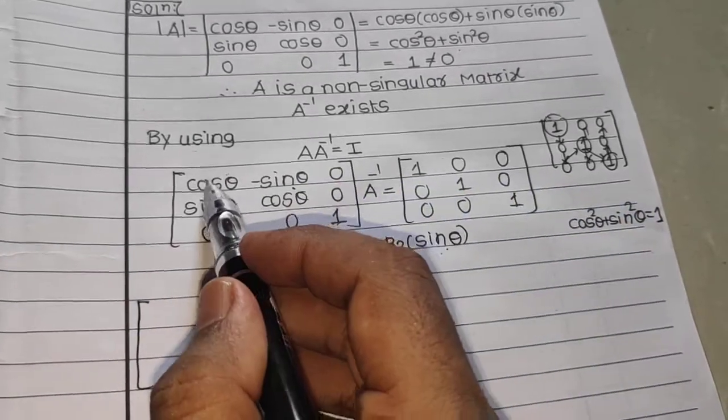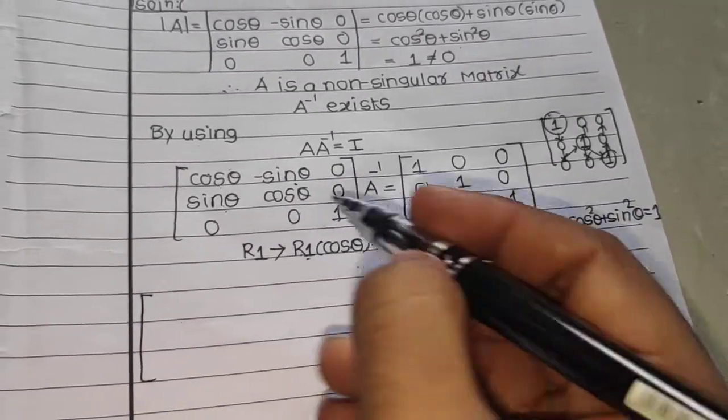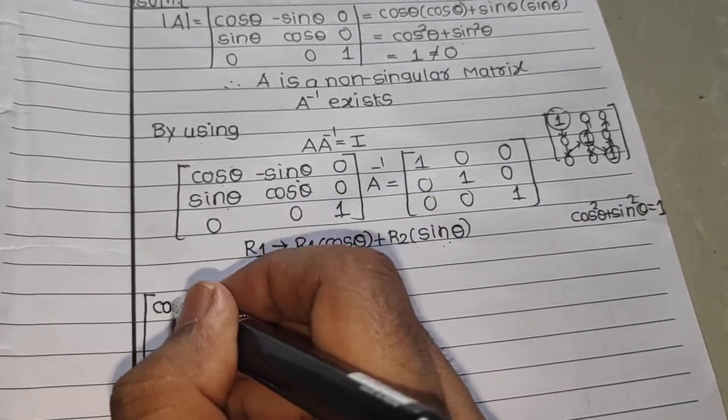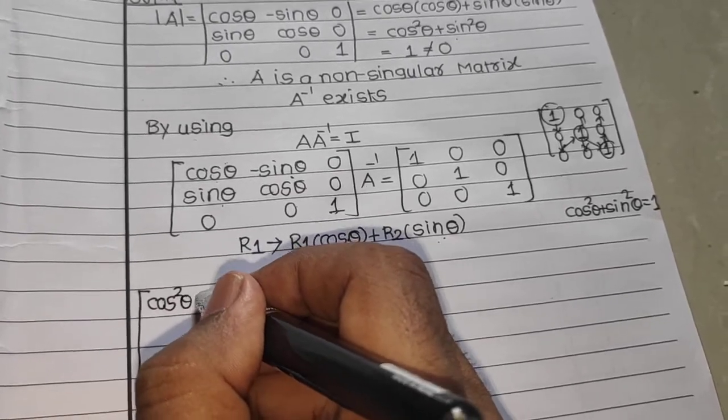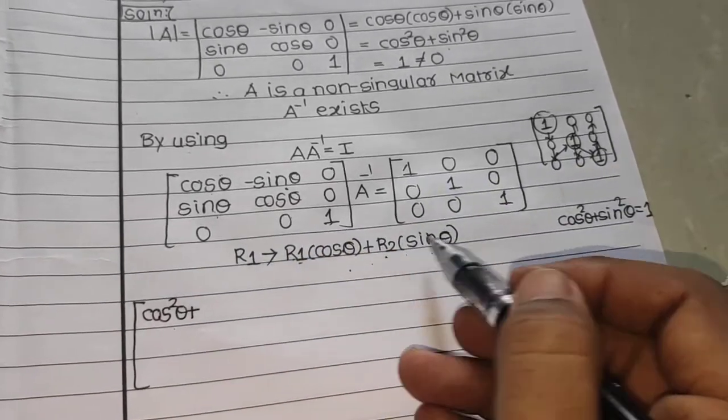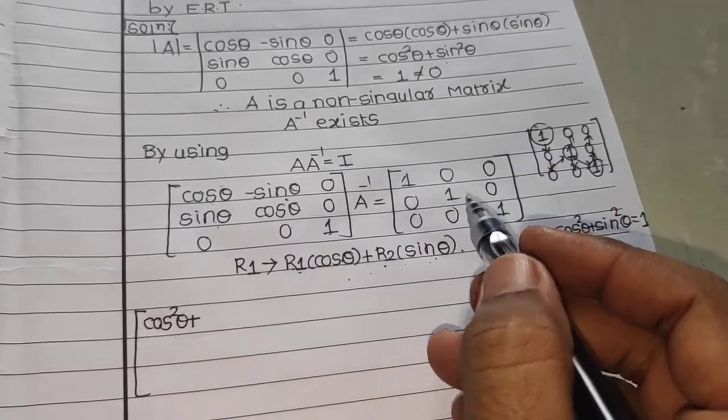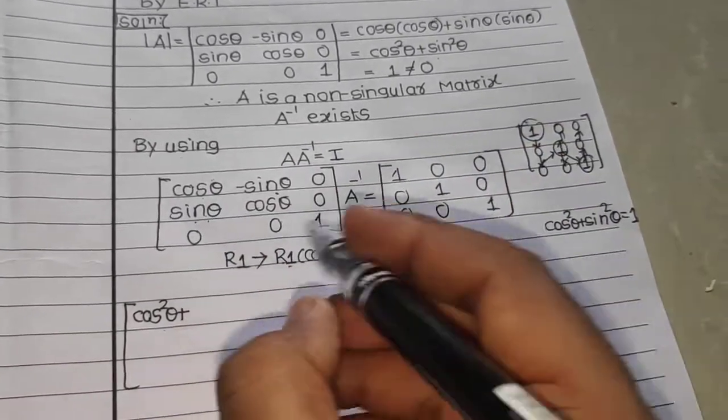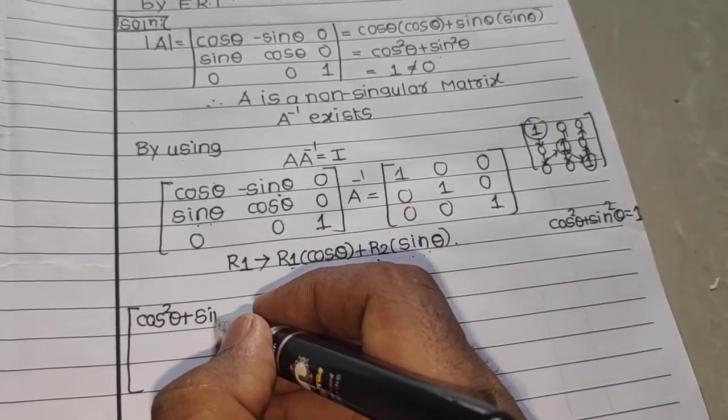R1 cos theta into cos theta will be cos square theta, plus R2 into sin theta, so minus sin theta into sin theta will be sin square theta.